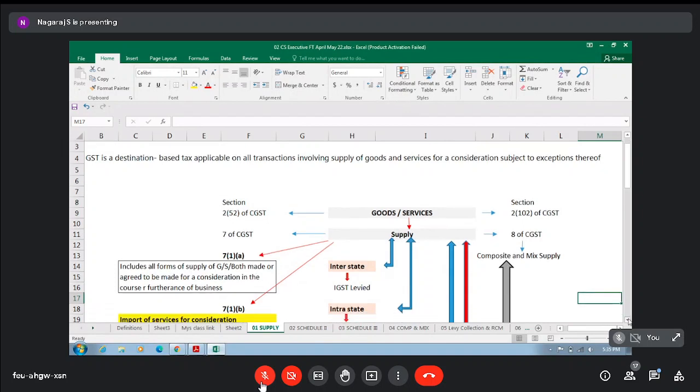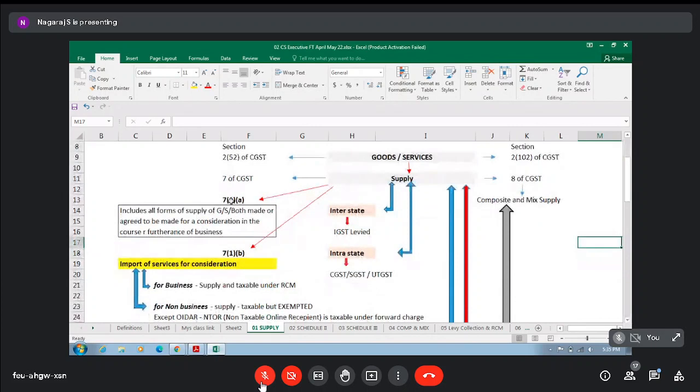Okay. Next, this is Section 7(1)(a). 7(1)(b) says any import of services for consideration. Import of services for consideration is supply. What they are saying? Import of what?